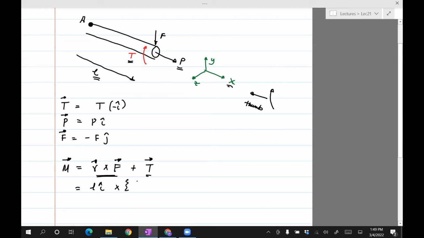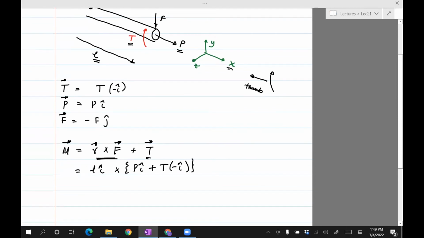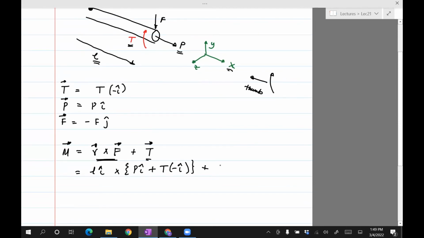There is P i, and then there is P negative i, plus T, oh, sorry, my bad.